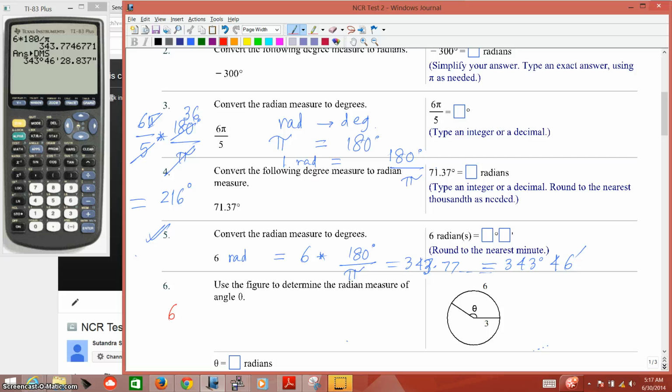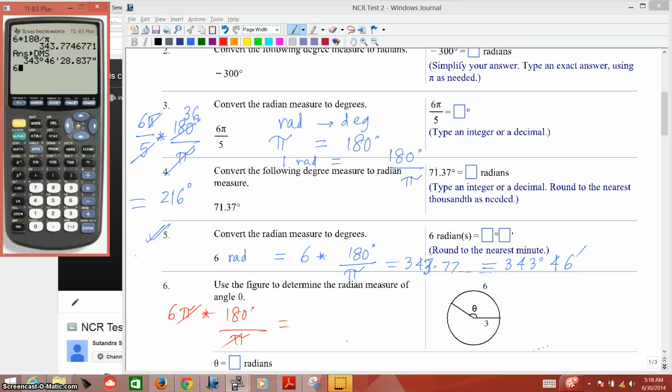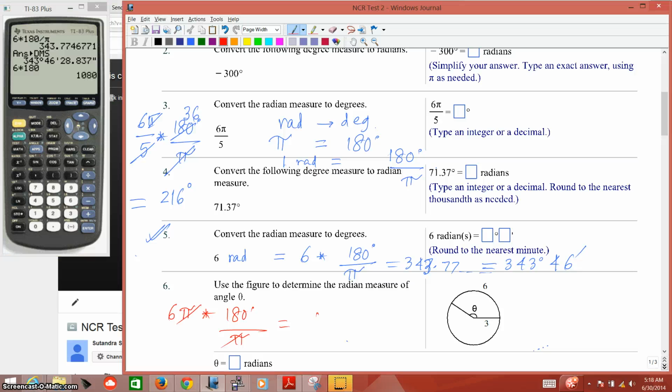So since I have just 6, they somehow write it down as 6 pi times 180 degrees over pi, and those pi's got cancelled, and it does come out to be, if you put it in the calculator, 6 times 180, which comes out to be 1080 degrees, a nice integer number.